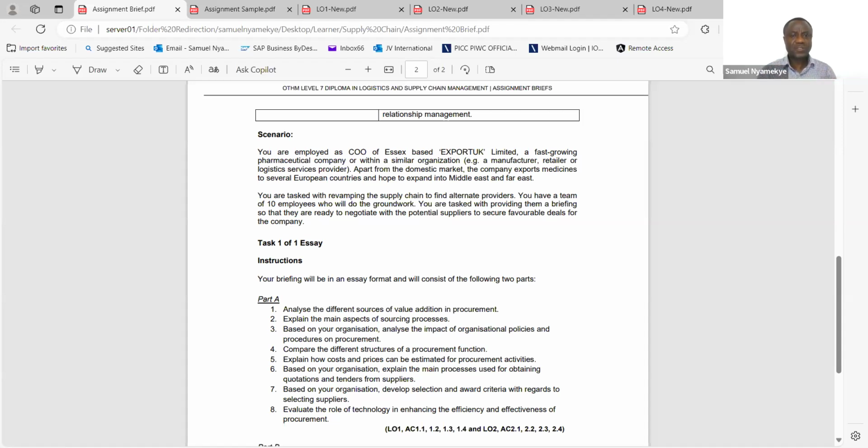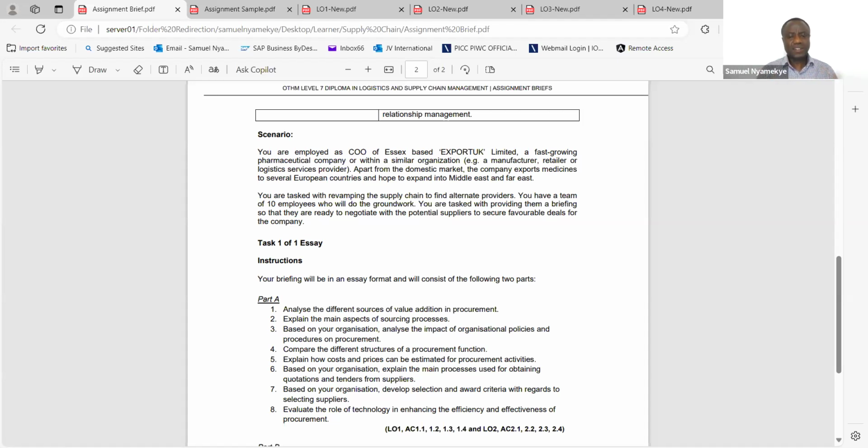So it's not just going to be literature, but you use the company as the basis for all the discussion that you are making. So when it comes to the supplier sourcing processes that you want to adopt, you have to use Export UK as an example.